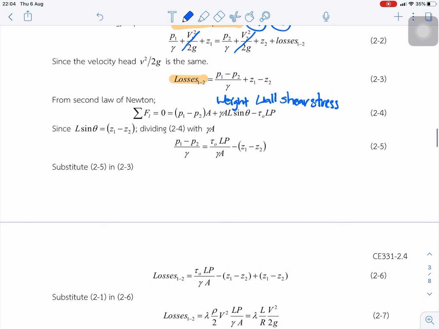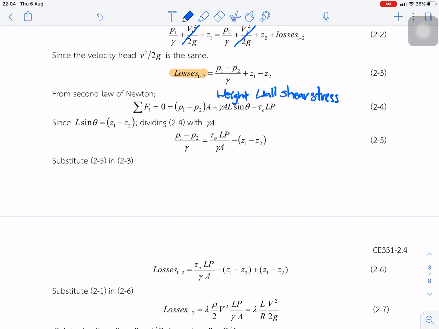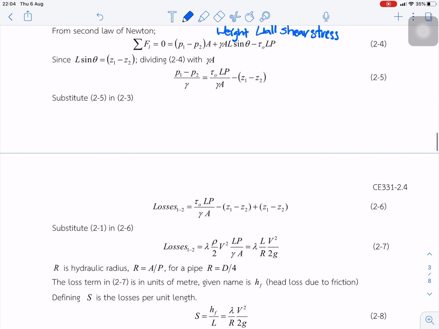Substituting 2-5 into 2-3, the loss is equal to this term, and this term is cancelled.